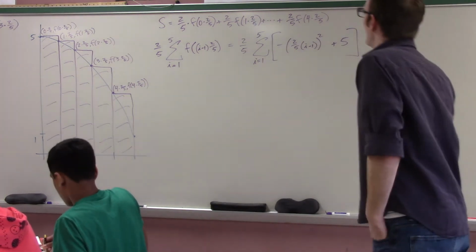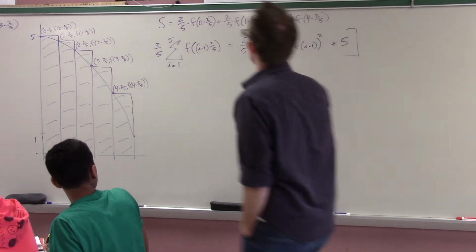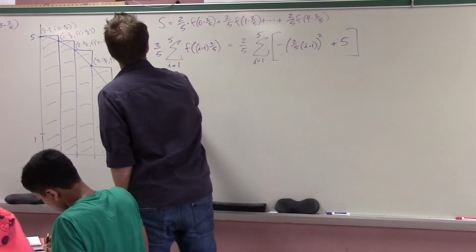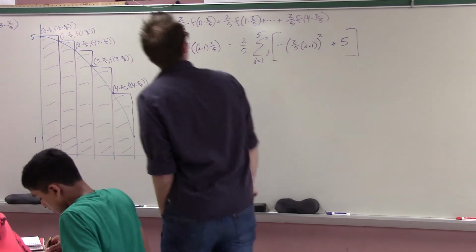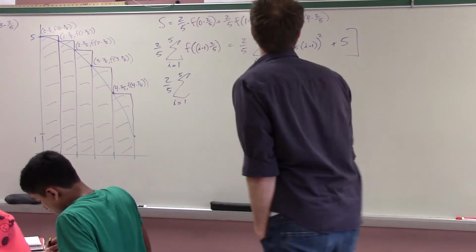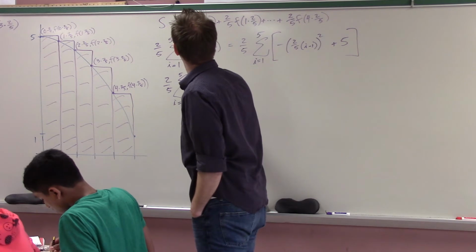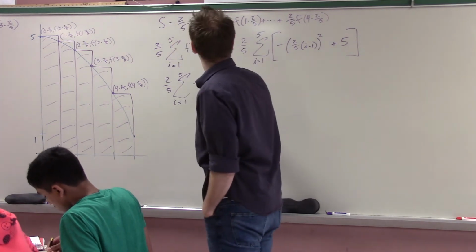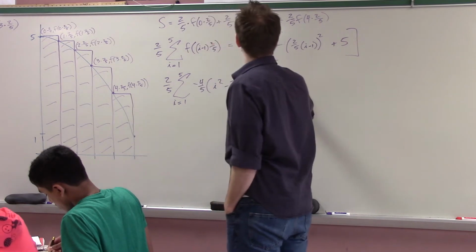Okay, so then you have to just do this out, right? So you get 2/5, we're trying to do some practice here. So we get 2/5, and this is the sum from i equals 1 to 5 of, well, now this is negative 4/5 times i squared minus 2i plus 1, plus 5.